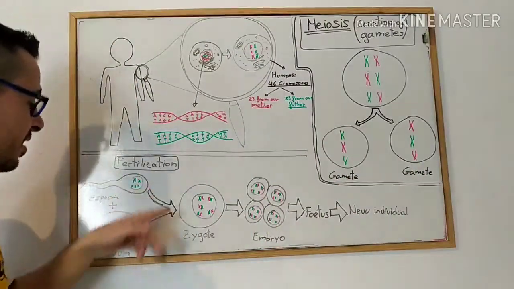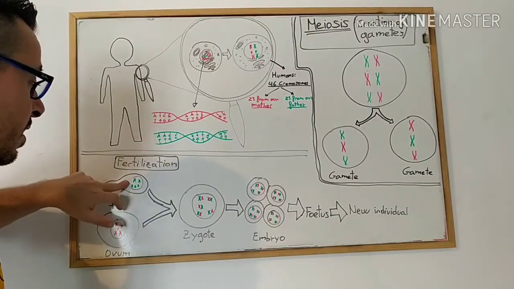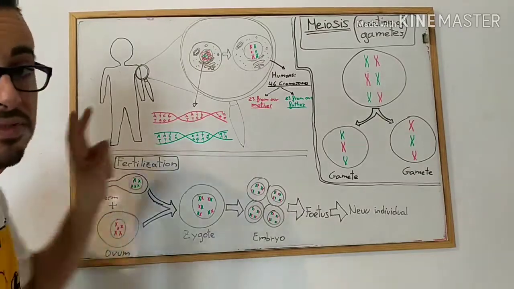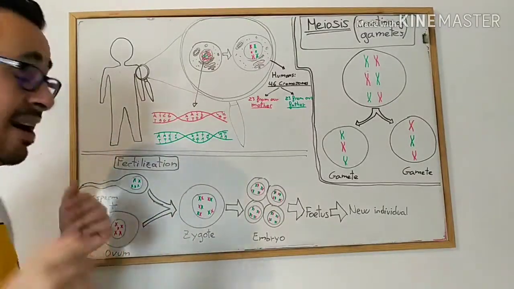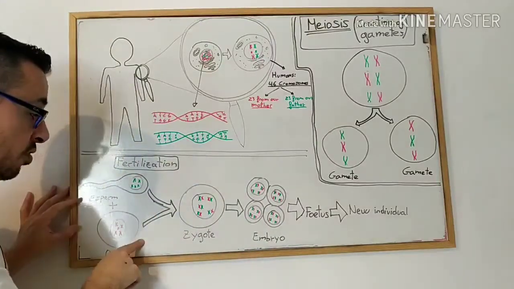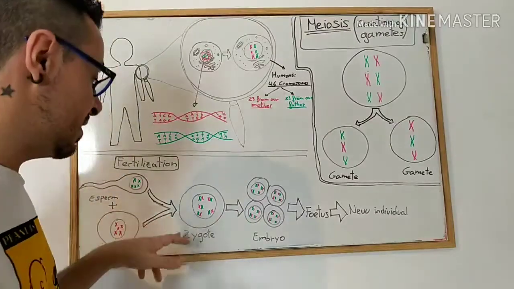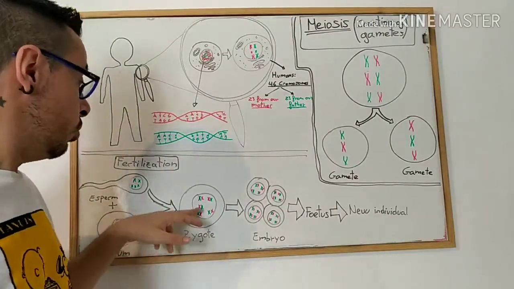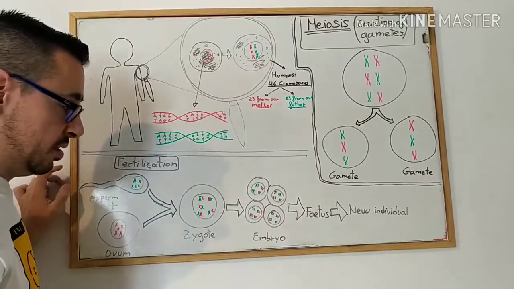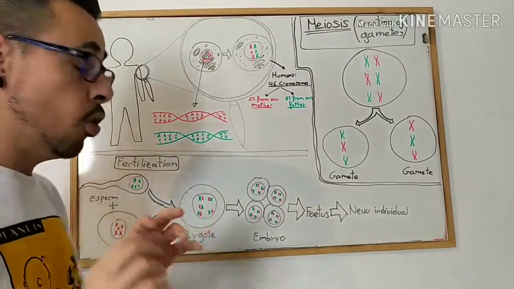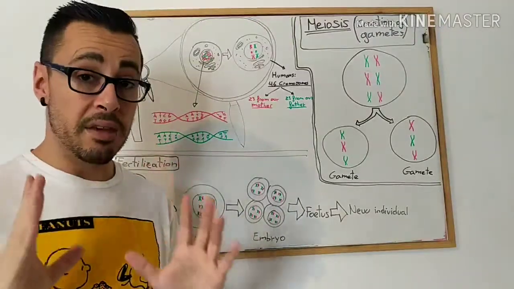So, in fertilization, I draw here the sperm in green, because it's the father, and the mother, which is the ovum, the chromosomes are in red. Okay, when they join together, they form a cell which is called a zygote. This zygote has chromosomes from both. These chromosomes are always in pairs, okay, because they carry the same information.